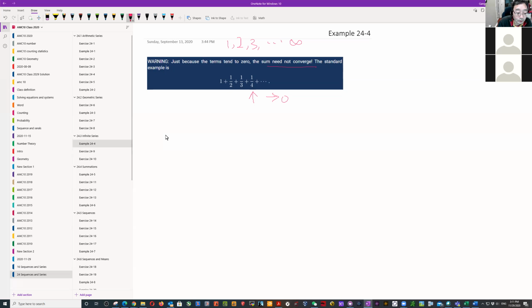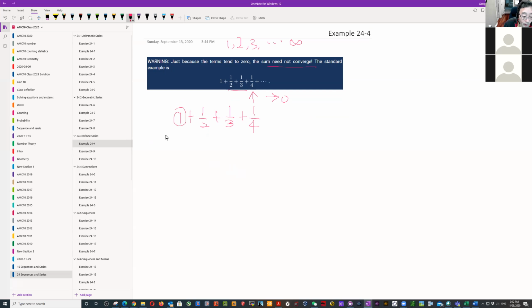So for example, if the first term is 1, and we add 2 terms, 1/2 plus 1/3, let's group those 2 terms together. And let's do it differently.